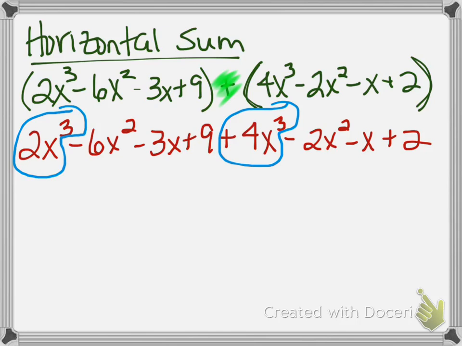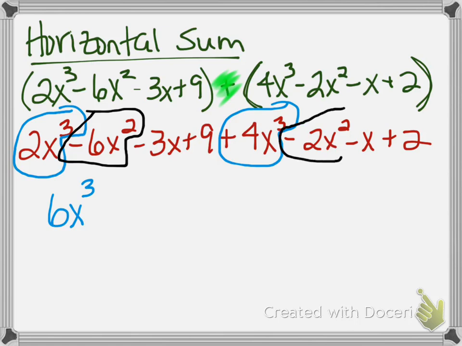So I'm doing 2x to the third plus 4x to the third. And that gives me 6x to the third power. On to the next term, I have a negative 6x squared and a negative 2x squared. So negative 6 and a negative 2 come together to make a negative 8x squared.